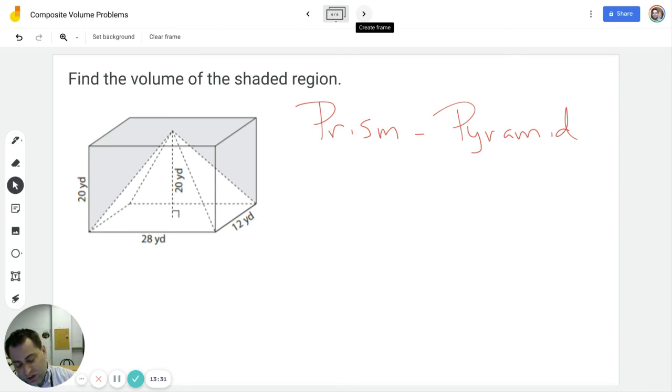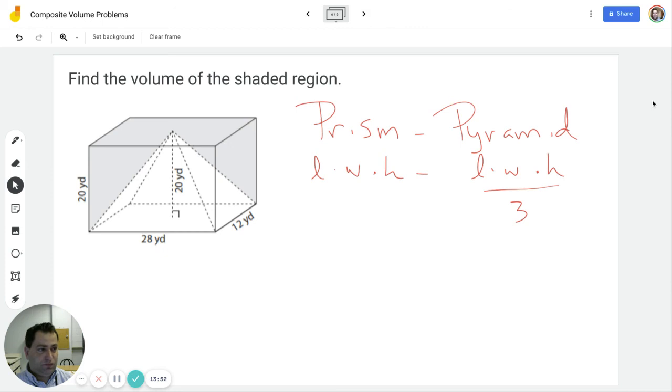So I have length times width times height. And the volume of a pyramid starts the same, length times width times height. But we have to remember to divide by 3. So I'm going to start with length times width times height.